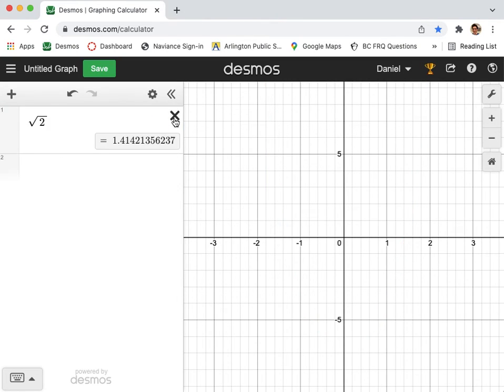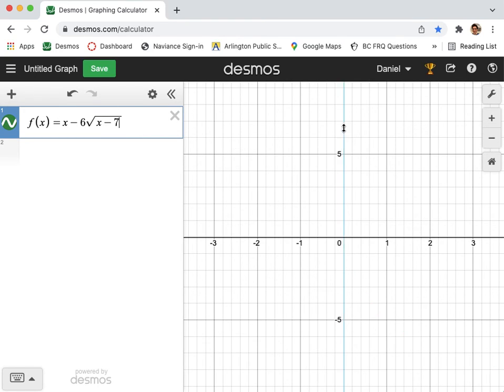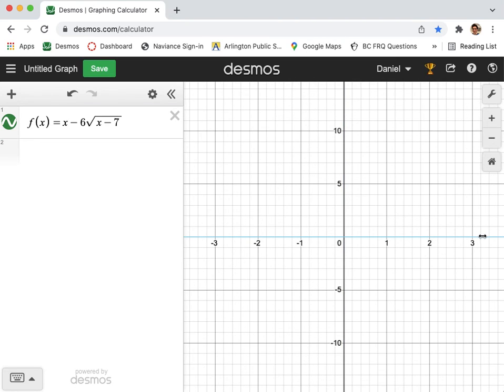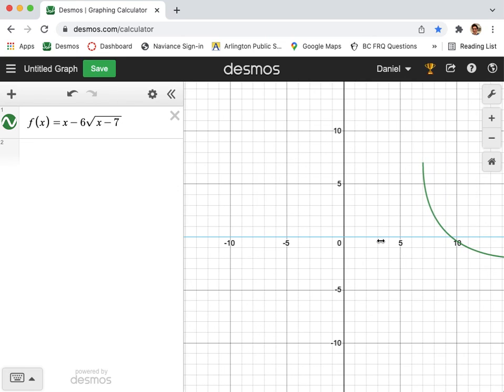So I will go back to this graph and I will type in the original function we had was x minus 6 times the square root of x minus 7. And our solution was 49, which explains why I don't see it here.